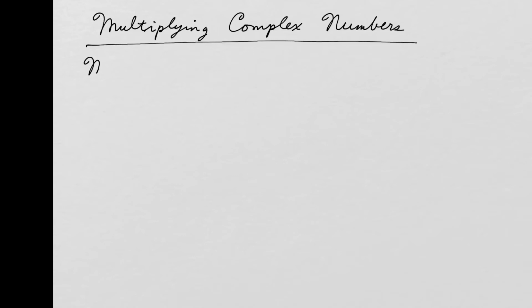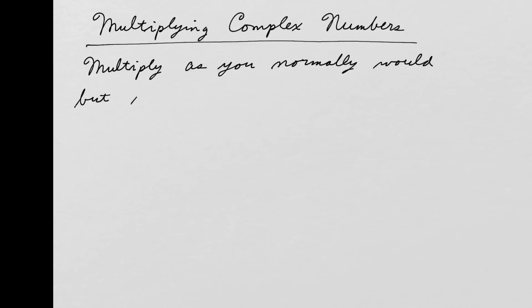So let me write that out. So multiply as you normally would. But remember that whenever you do i times i, which is really i squared, that's equal to -1.